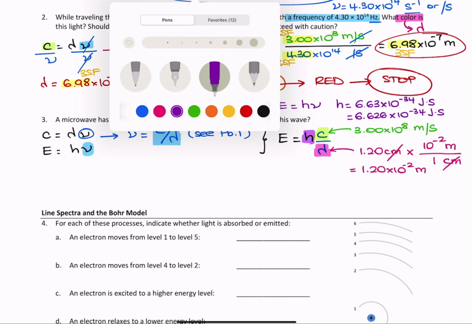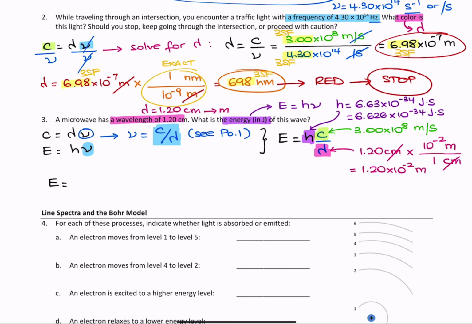And we have the value of h, so we can now plug this in. E is equal to 6.63 times 10 to the negative 34 joule second.